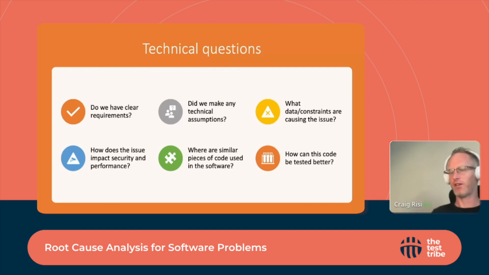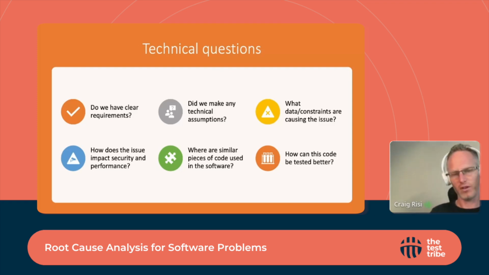Was there anything made from a technical assumption in terms of how this was going to be running? We ran it in a container that was maybe the wrong size, and then you deploy it into production, and there's performance constraints because you've wrong sized your container and you didn't quite understand the load that was going to be put on it properly. There's a number of things that we can put in here, but it's important that we ask ourselves the question, was there anything that we assumed? What was not clearly specified? And what did we make an assumption on as a result of that?